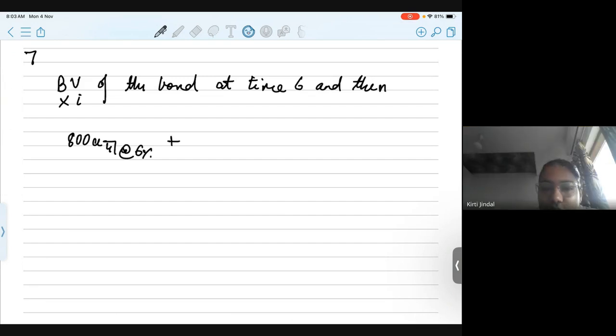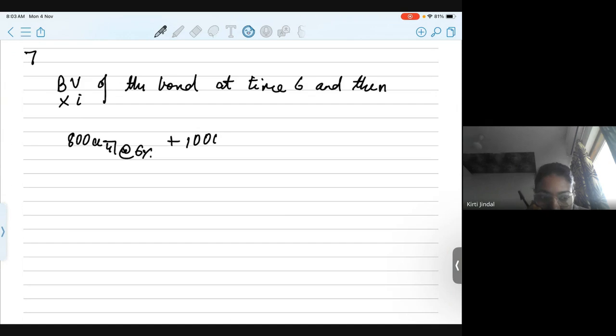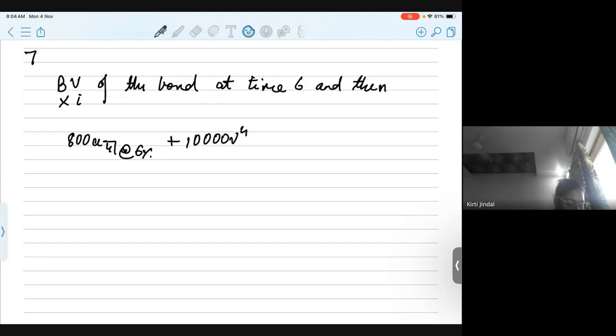How do you figure out how much of the loan is left? Last one, 10 minus 6 is 4, plus 10,000 V4. The value of 800 A4 is 2772.08.